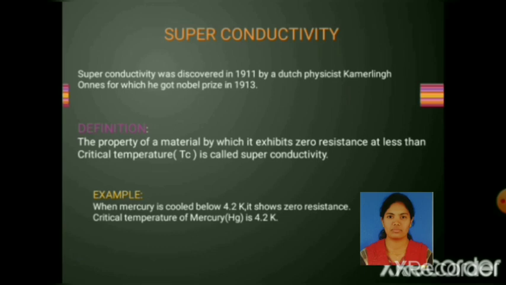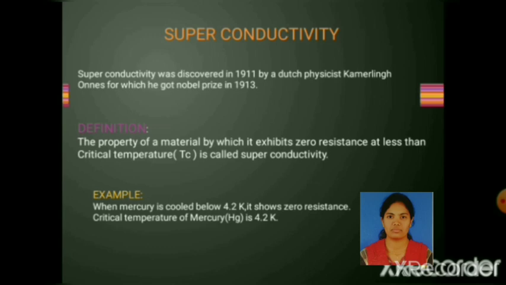When a material allows flow of current when its resistance is very low, here we are calling the material a superconductor, or the property superconductivity. So we can say that it conducts more, nothing but its resistance is 0, when the temperature is at or less than critical temperature.